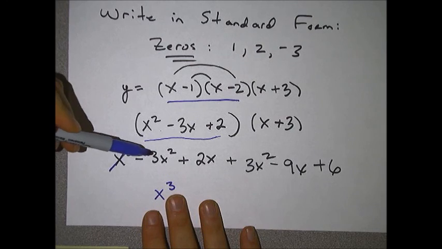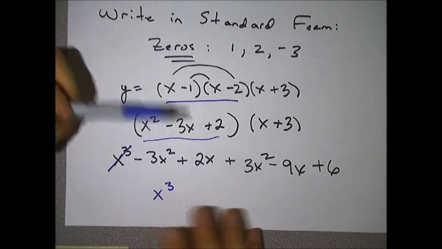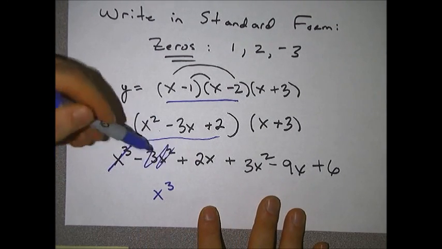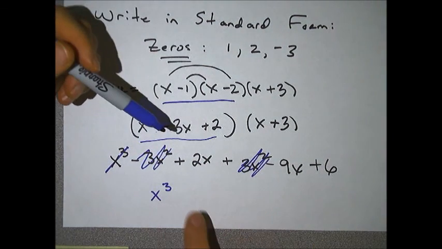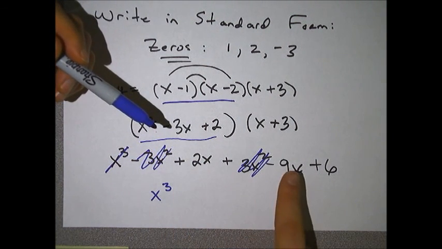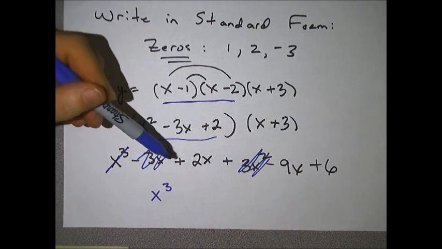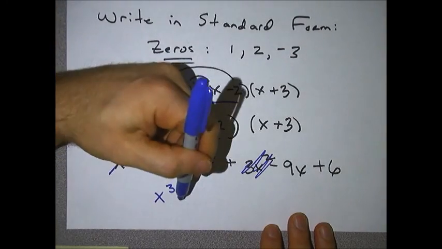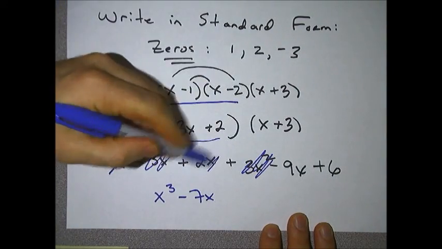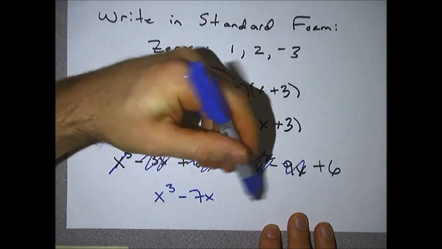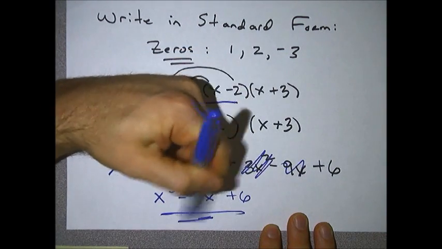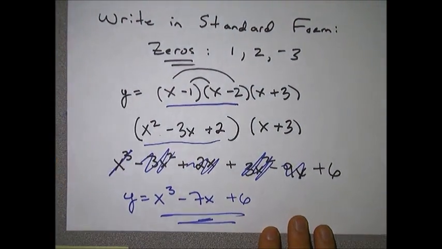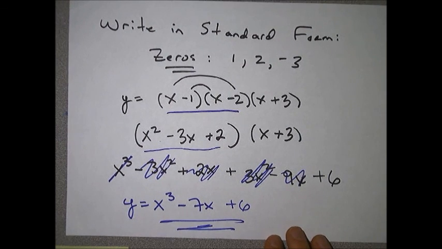Negative 3x squared and positive 3x squared. In this case, those cancel completely, so there's nothing left for the squareds. Positive 2x and negative 9x, so plus 2 minus 9 is a minus 7x, and we're left with plus 6. Y equals x to the third minus 7x plus 6.